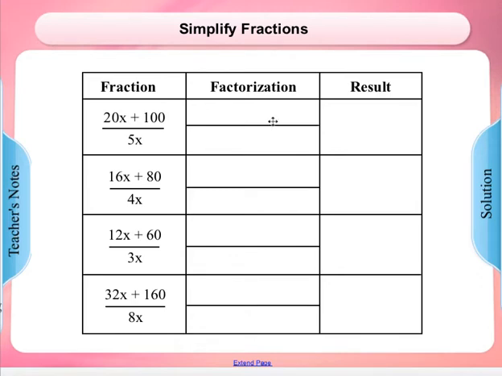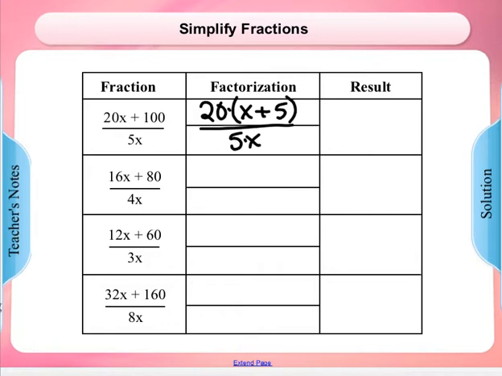So we would get in the numerator of the first one, well, 20 can come out, so we would have 20 times x plus 5 divided by 5x. Now the only way that we are able to simplify is if we are simplifying factors. We have to make sure not to simplify things that are connected by addition or subtraction. We are only able to simplify things that are connected with multiplication.